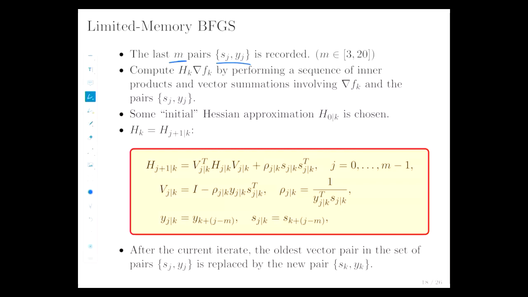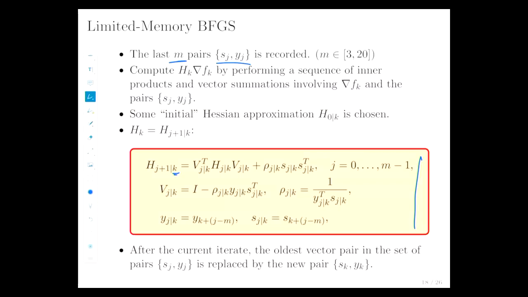And then you can think of it like this. If I'm interested in constructing the estimate at time k, I treat it like I run the iterations of BFGS for the last m steps, using all the information that was available to me.